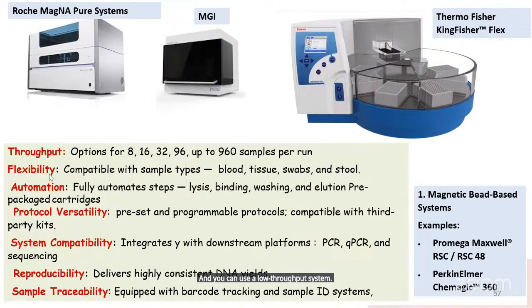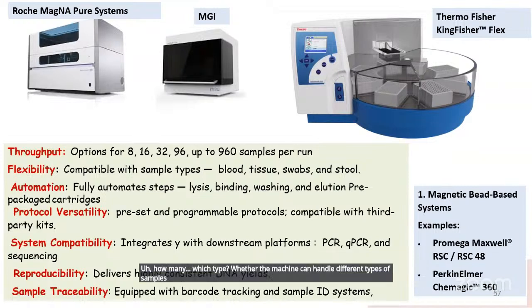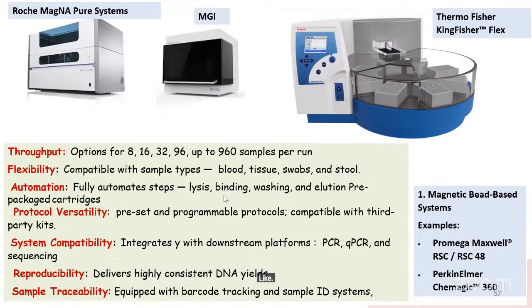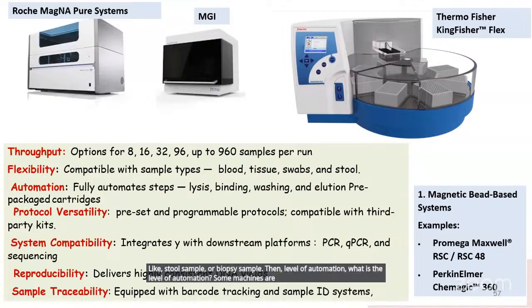Another thing is flexibility. Whether the machine can handle different types of samples like fluid, swab, stool, tissue, etc. Some systems are optimized only for liquid samples and may require significant pre-processing, like stool sample or biopsy sample. Then level of automation. Some machines are fully automated.